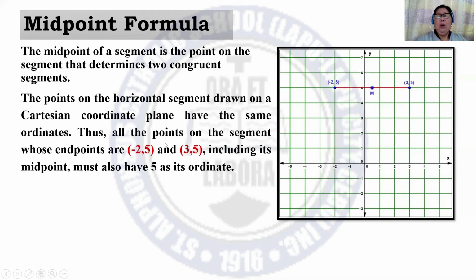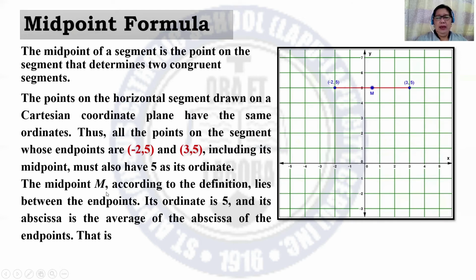Thus, all the points on the segment whose endpoints are -2, 5 and 3, 5, including its midpoint, must also have 5 as its ordinate. So the ordinate of this midpoint is also 5 because the segment passes through y equals 5.